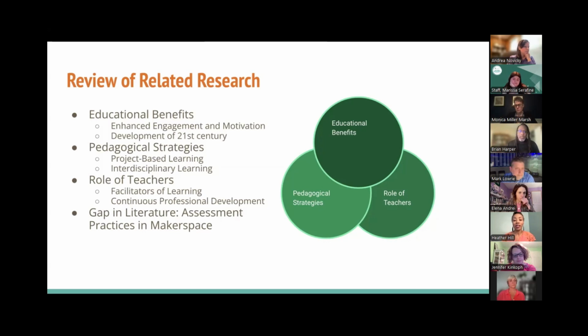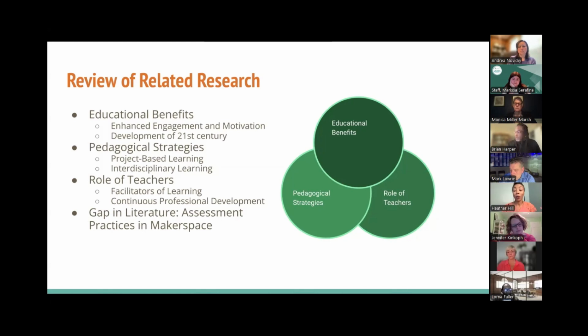So this study sought to understand how we facilitate a makerspace environment, how we scaffold participation and structure it so that all kids have access to learning. To do that, we first wanted to understand the context. The bulk of the study is about understanding what we need to think about as it relates to assessing those skills, knowledge, and dispositions.